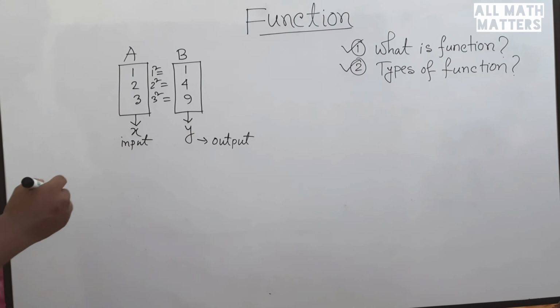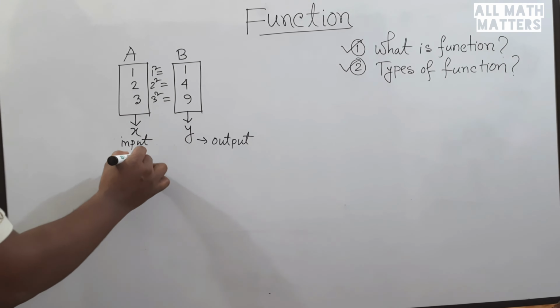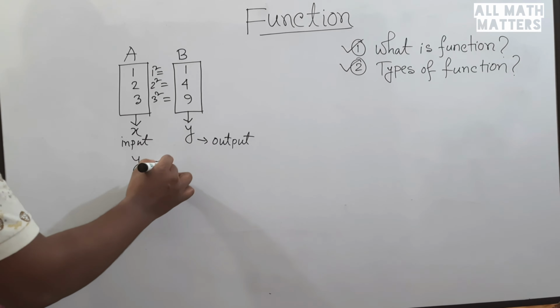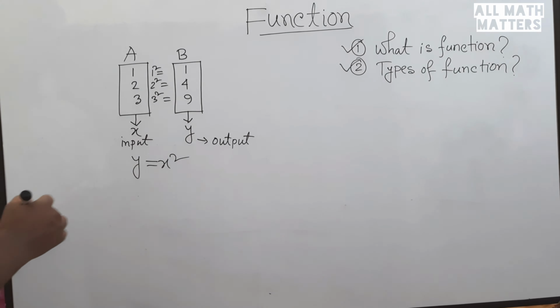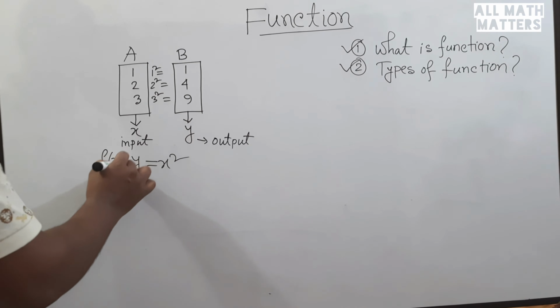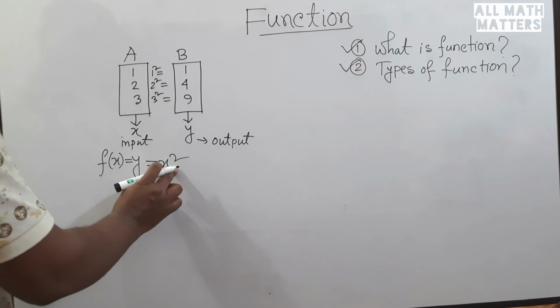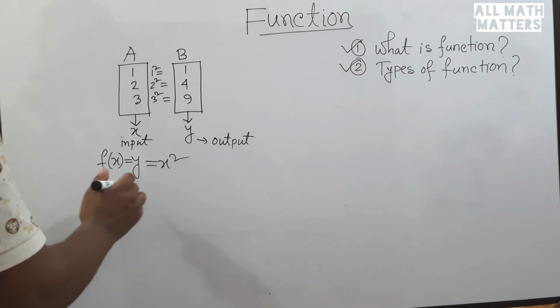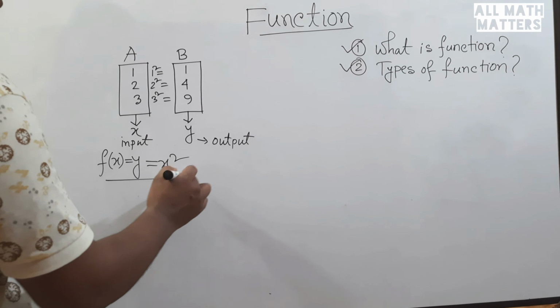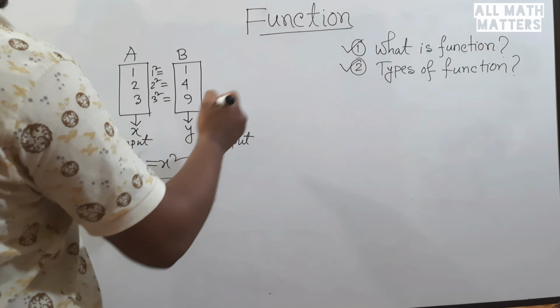So we can see there is a complete relation between set A and B. The relation is y equals x square. So this is the function, or we can write it as f of x. So we can write f of x equals x square, or y equals x square. This is the function.